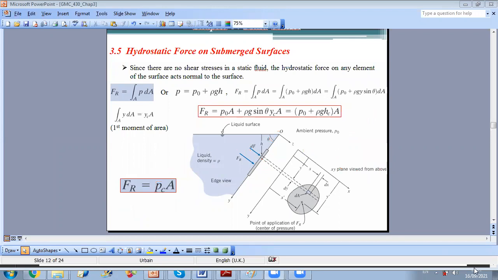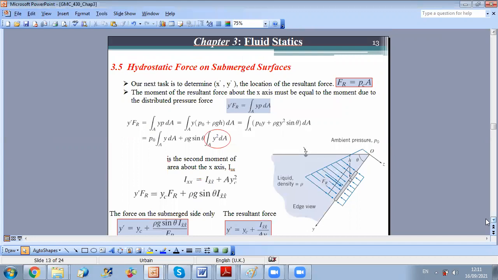Okay. So now the second step will be to find the point of application of the force. If you remember from statics, how did we find the point of application of the force? We said when I want to reduce a distributed load to one resultant force, I should have equivalent systems.